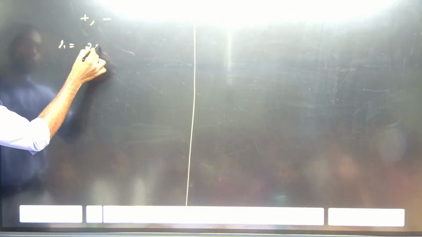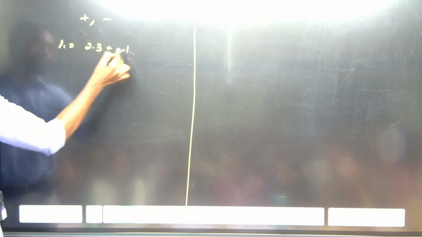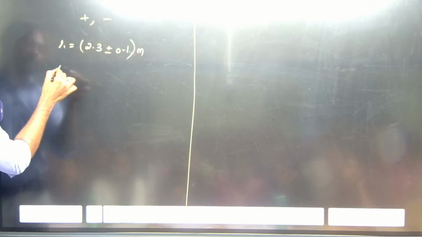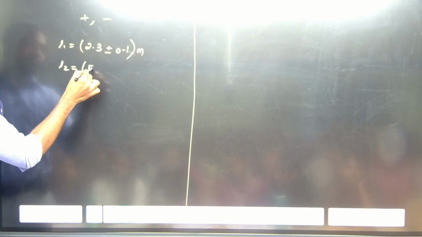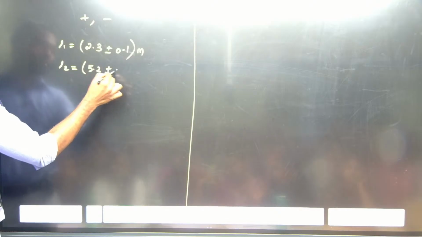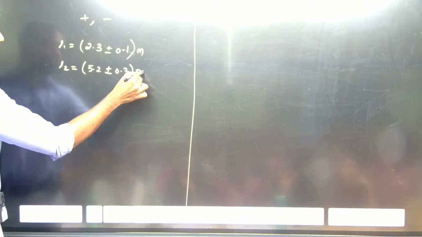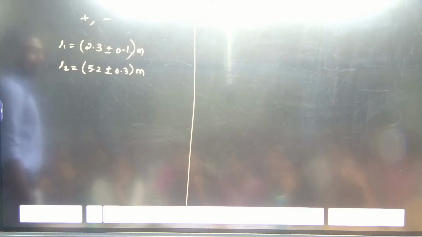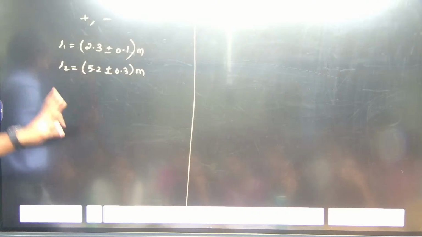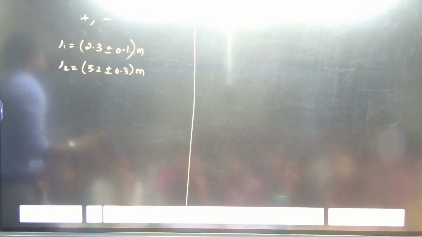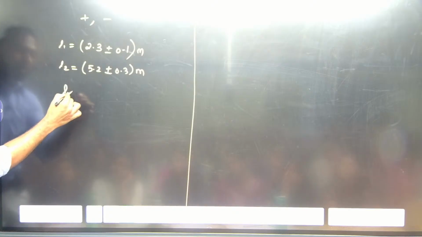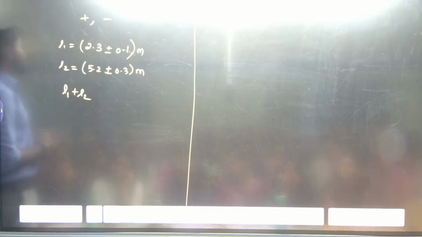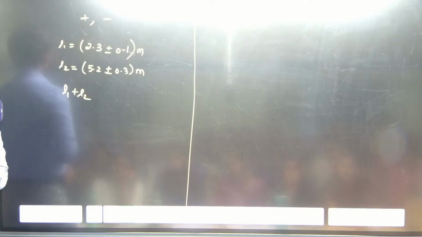For example, we are taking L1 equals 2.3 plus or minus 0.1 meter, and L2 equals 5.2 plus or minus 0.3 meter. These are the values they have given, length 1 and length 2. They are asking for L1 plus L2, the sum or difference of the given lengths.